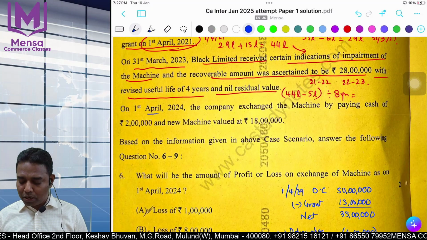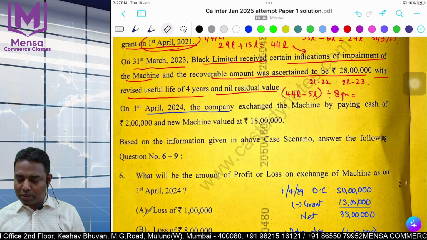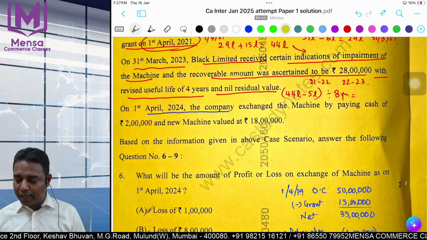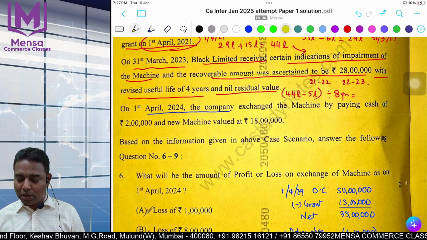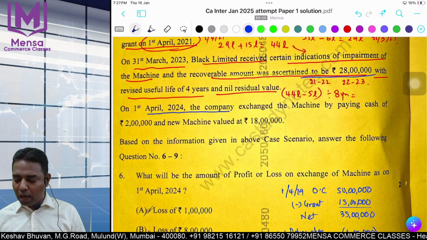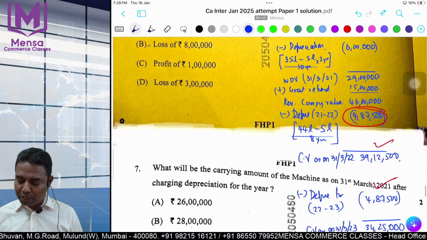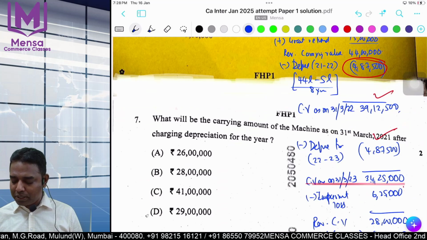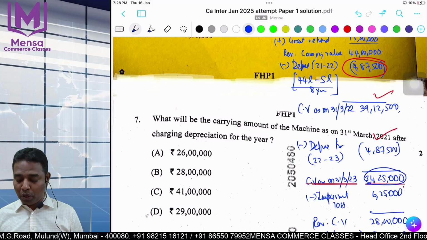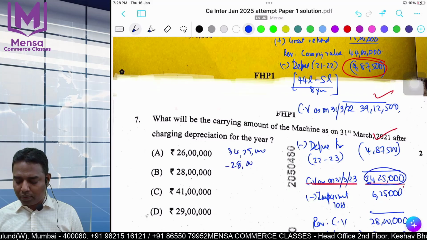On 1st April 24, then what was the point? The point was the net recoverable value on this date is 28 lakhs. That was a contention. The net value on 31st March is 28 lakhs. Correct? So if you see here, our carrying value is 34 lakh 25,000, minus 28 lakh recoverable value.